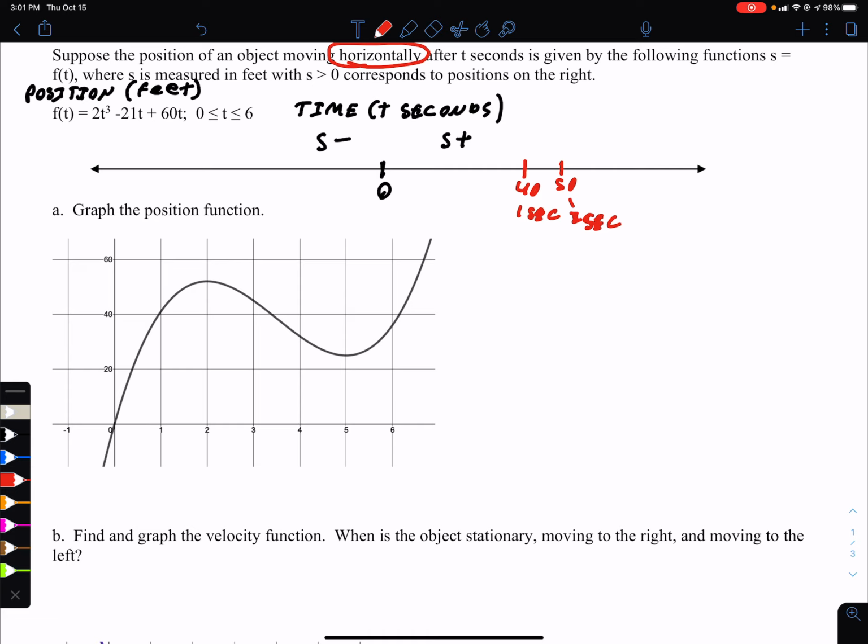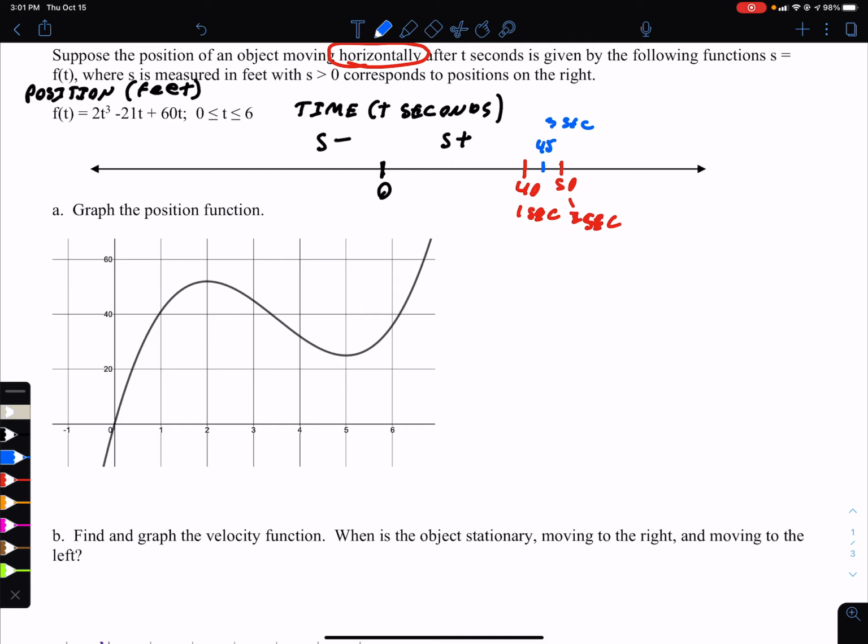Now, after 3 seconds, what is that? About 45? So I'm going to use a different color. It starts going backwards. It's going to be at 45 at 3 seconds. And then let's look at 4 seconds. At 4 seconds, that's about 30 something, a little bit bigger than 30.